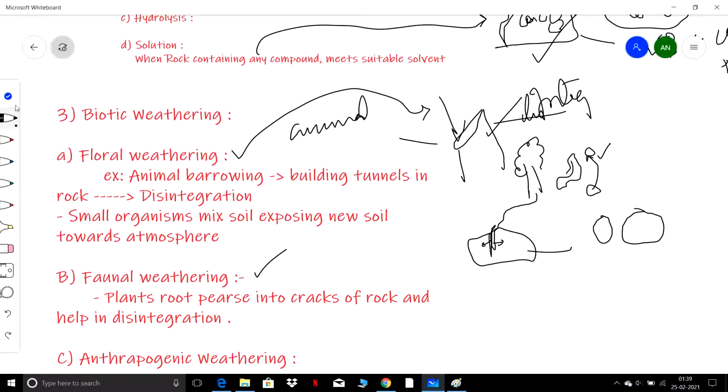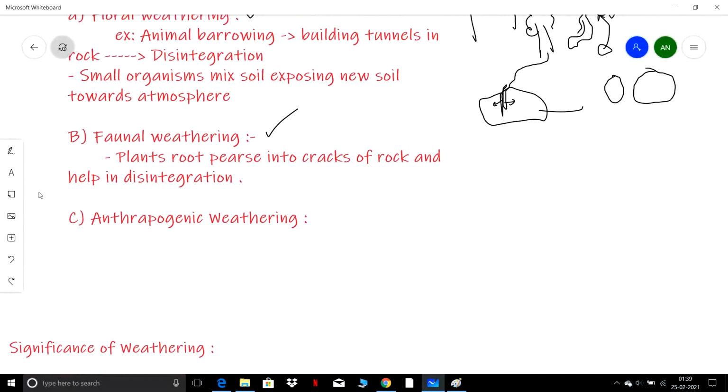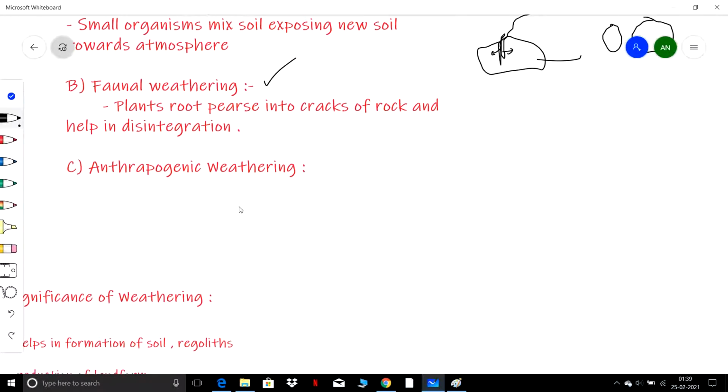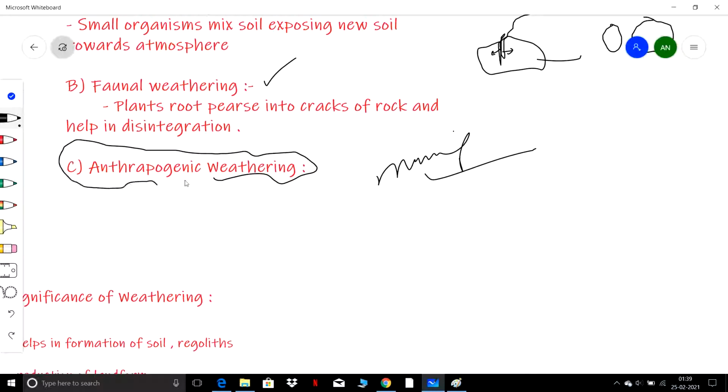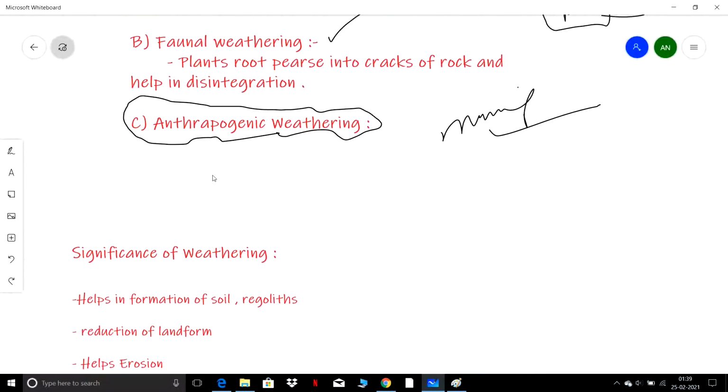Anthropogenic weathering is nothing but human influences, such as mining and constructions. Mining means such as stone mining. Also, you can take constructions, building buildings. These are the various activities which weather the rock, and it is very hazardous. We will discuss its significance in a future chapter.